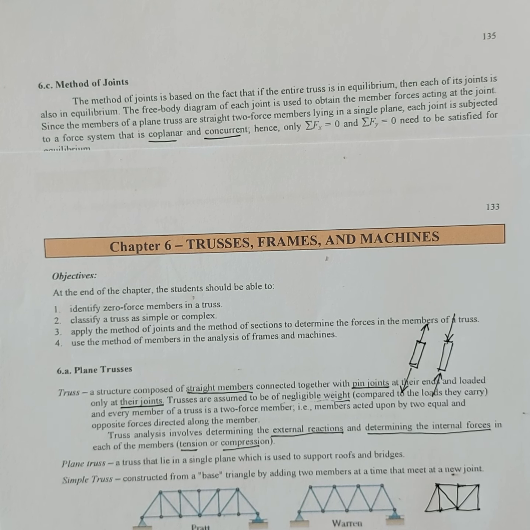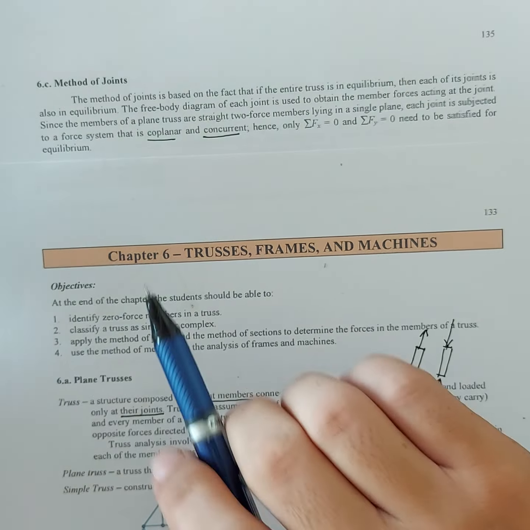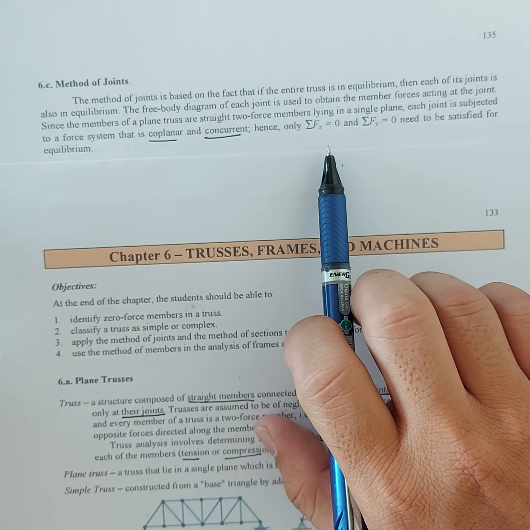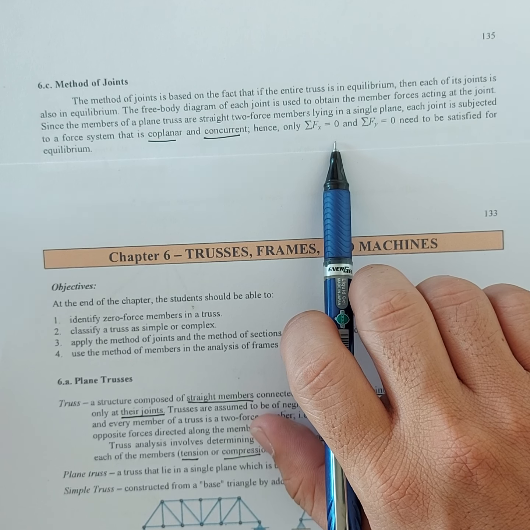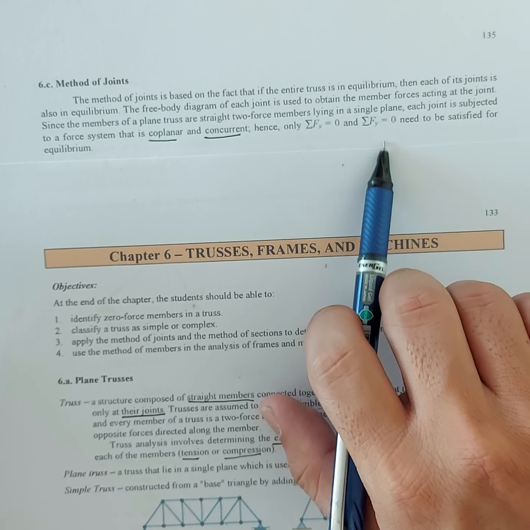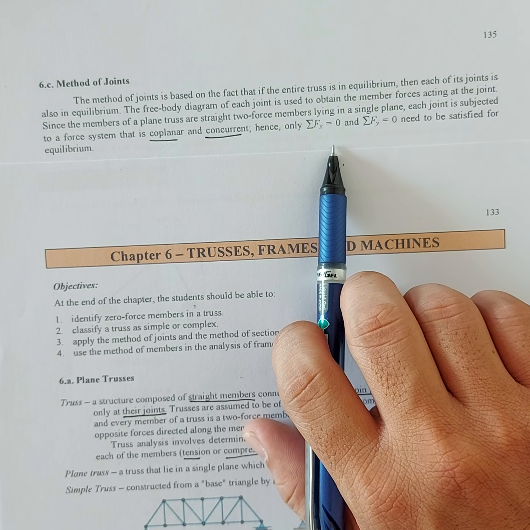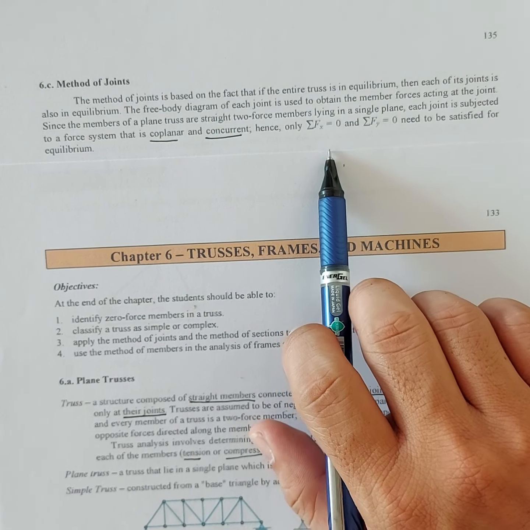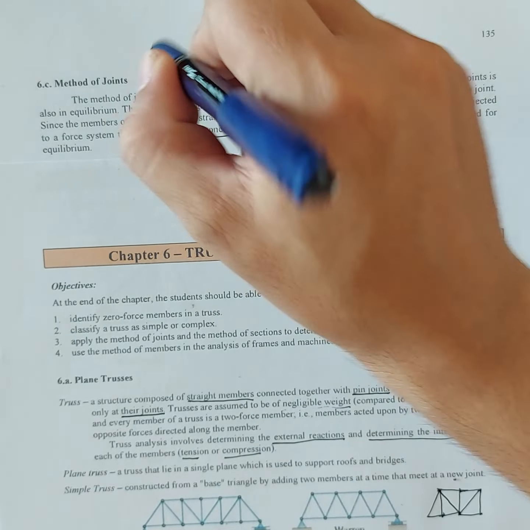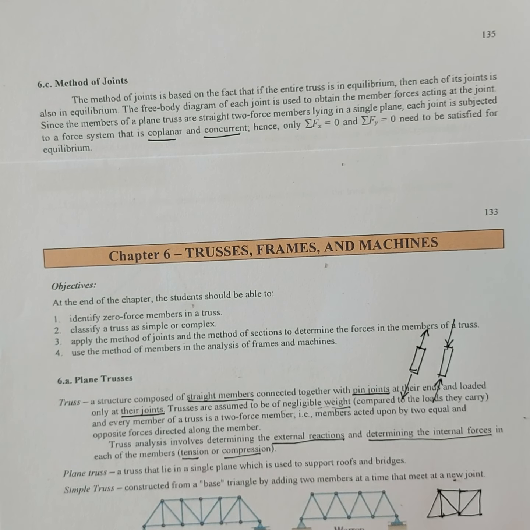Hence, we can now use the two conditions of equilibrium: the summation of all forces along the x-axis should be equal to 0, and the summation of forces along the vertical axis y is equal to 0. So we can use these two conditions of equilibrium to solve for the bar forces. In the method of joints, as the name says, we go from one joint to another.